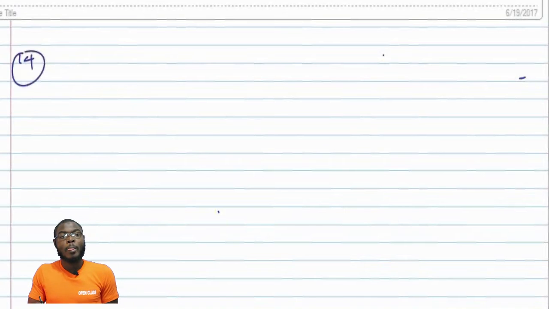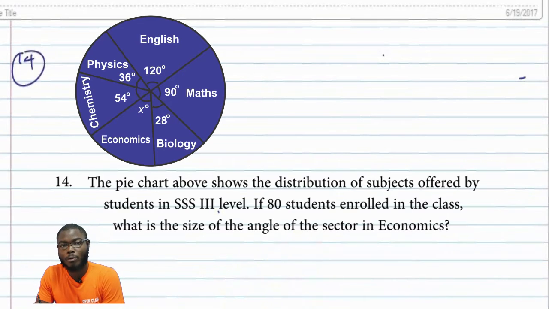Question number 14 says the pie chart above shows the distribution of subjects offered by students in SS3 level. If 80 students enrolled in the class, what is the size of the angle of the sector in economics?